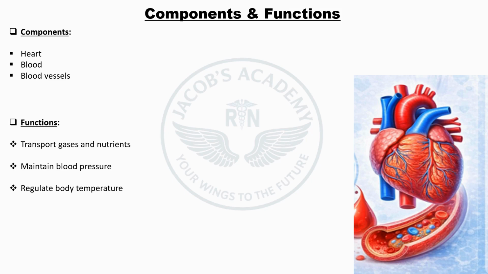The second function is to maintain blood pressure, which is essential for adequate blood flow to all organs. The cardiovascular system also helps in regulating body temperature by controlling blood flow to the skin. Together, these components and functions help maintain homeostasis and support normal body function.